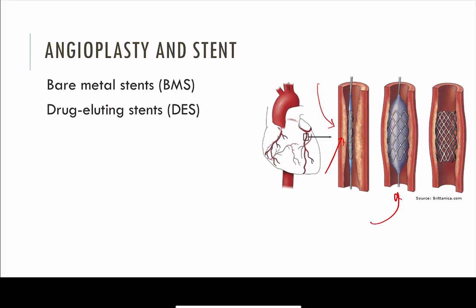So our body has a tendency to form scar tissue or thrombi around an inorganic material that's put into our body. Because of that, the stent itself can sometimes be the cause for the restenosis. So that is where this drug-eluting stent got popular. They coat the stent with anti-proliferative drugs, and that decreases the restenosis risk.